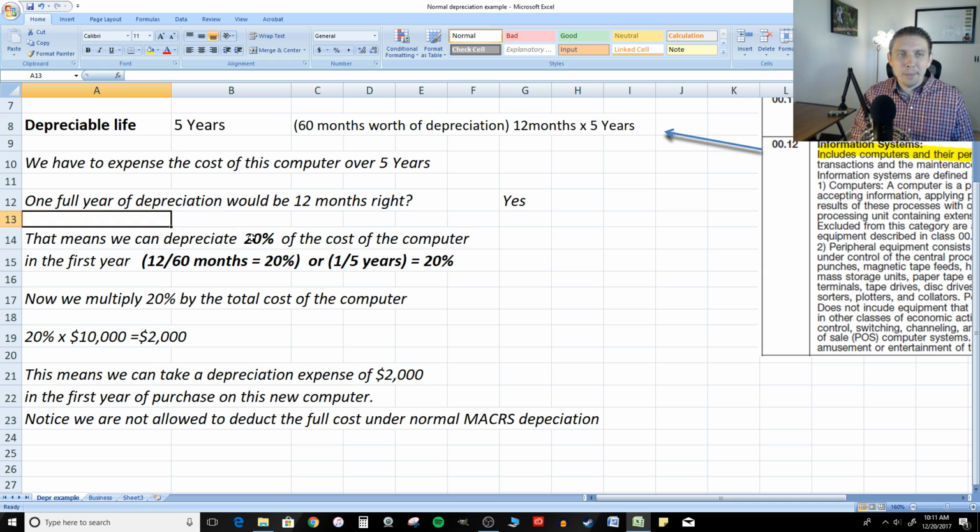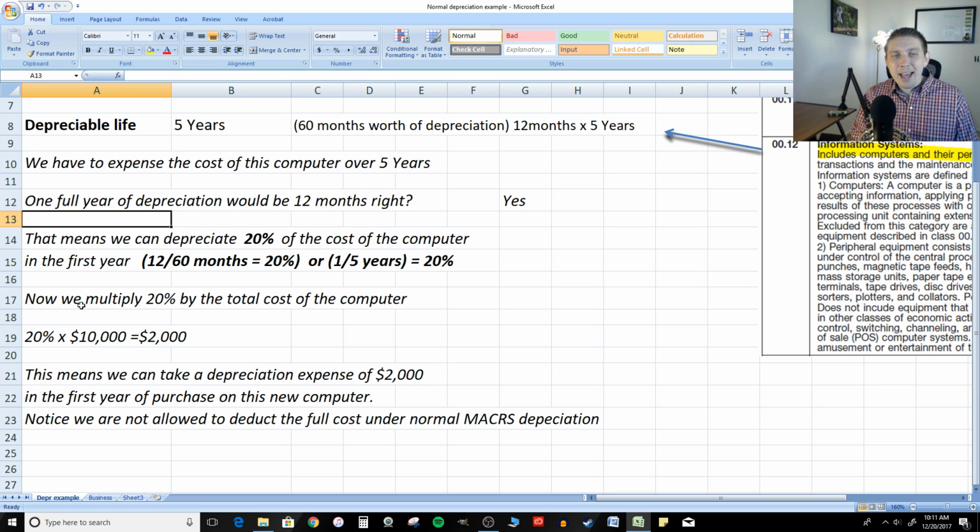And the way I got 20% in the first year is there are two ways to look at it. You can do 12 divided by 60 total months, because there are 60 months in 5 years, or you can just take 1 divided by 5 years in this case, since we've had it for a full year, which is probably the easier route. So 20% is the amount we're going to depreciate in the first year.